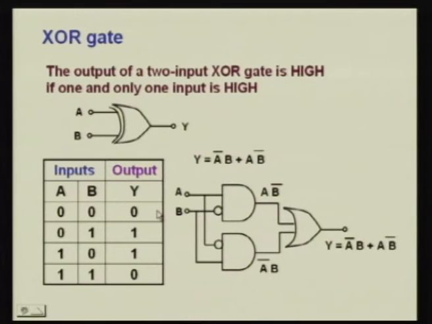If both are unequal, that is, one is in the high state and the other is in the zero state, then we will be getting output Y. So we can realize which two signals are equal and which two signals are unequal. Using this circuit, the inequality comparator, we can use the XOR gate to see whether two signals are equal or unequal.